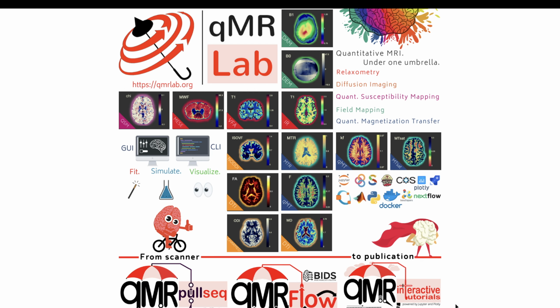Like I said, our motto is quantitative MRI under one umbrella. So we cover some relaxometry, diffusion imaging, QSM, field mappings like B0 and B1, and qMT. You can fit, simulate, and visualize the data. And now Agah's working on extending this software from scanner to publication, and I'll talk about that at the end of the talk.